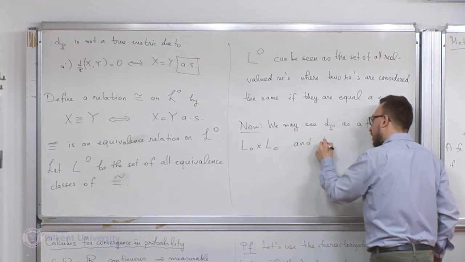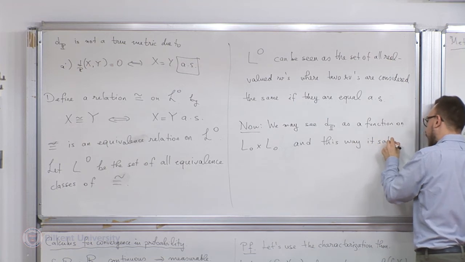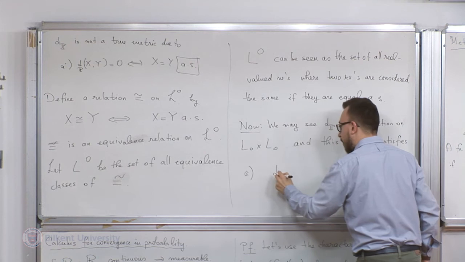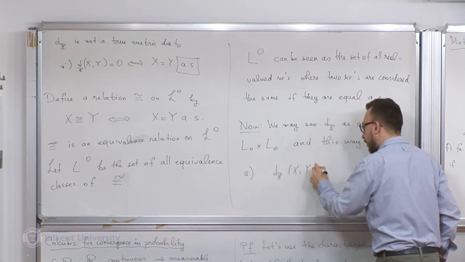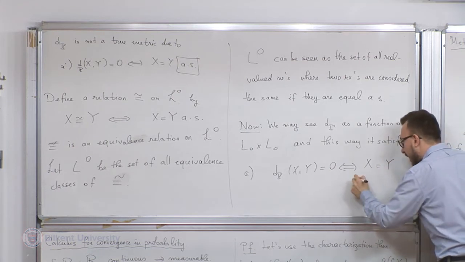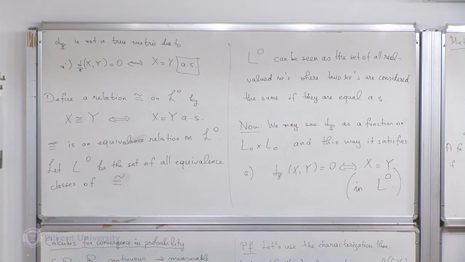And this way, it satisfies A, dp(x,y) equals 0 if and only if x and y are the same in L0, meaning that almost surely.